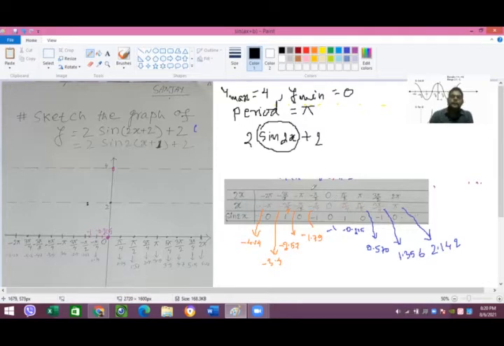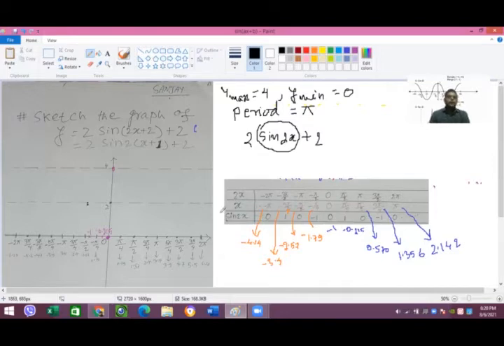And if sine 2x is 0 at 0, then sine x is also 0 at 0. If 2x equals pi by 2, that is sine 2x is maximum at 2x equals pi by 2. So x equals pi by 4.